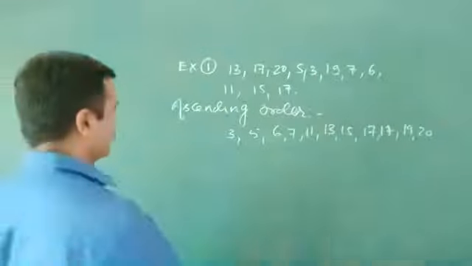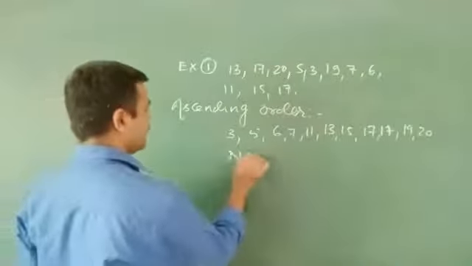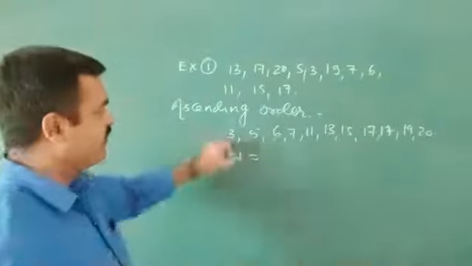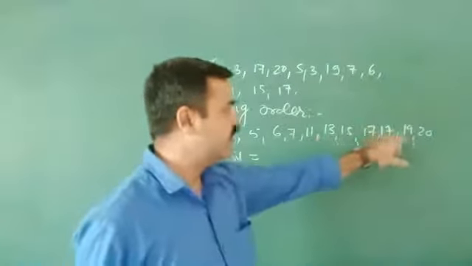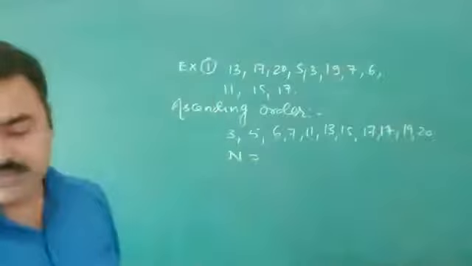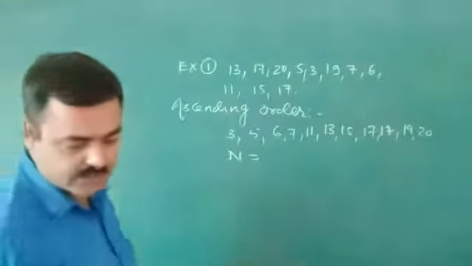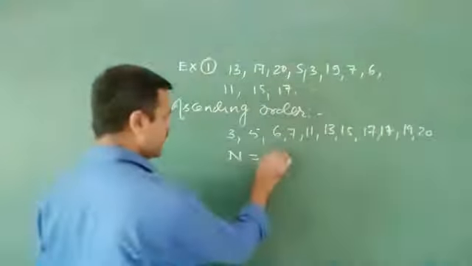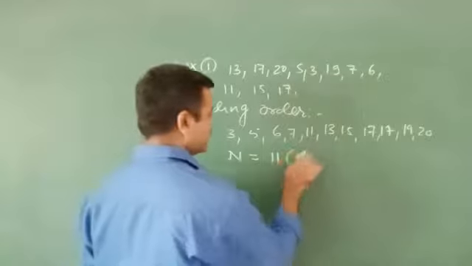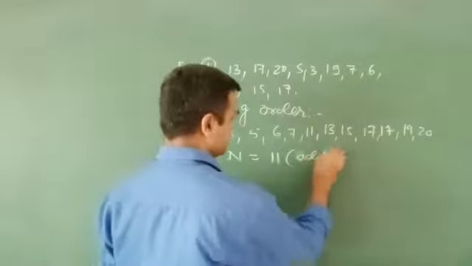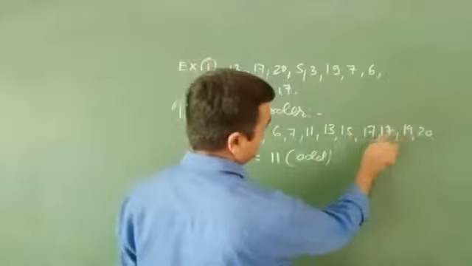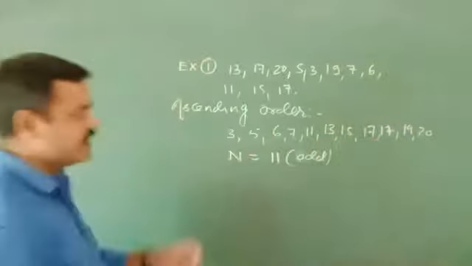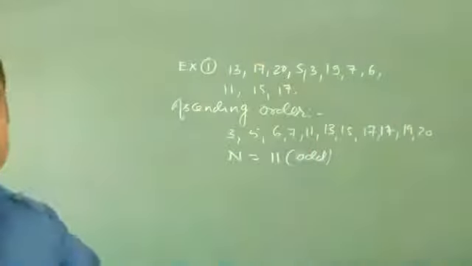Now come to count the total number of the data. 1, 2, 3, 4, 5, 6, 7, 8, 9, 10, 11. So here n equal 11 and this is odd.